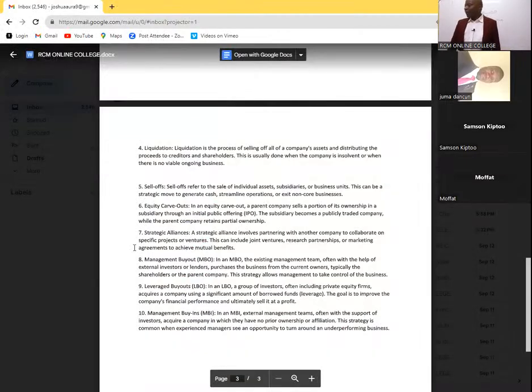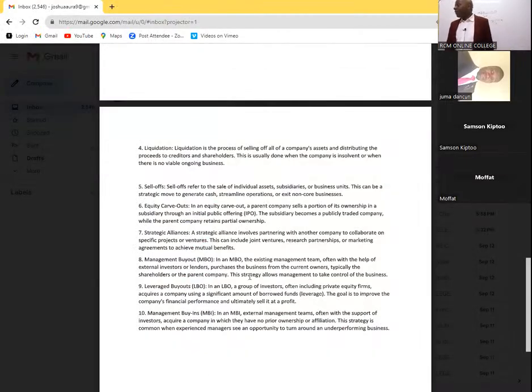So you're saying management buyout. In a management buyout, the existing management team, often with the help of external investors or lenders, purchases the business from the current owners. Existing management buys the business from the current owners. And then we have management buy-in.